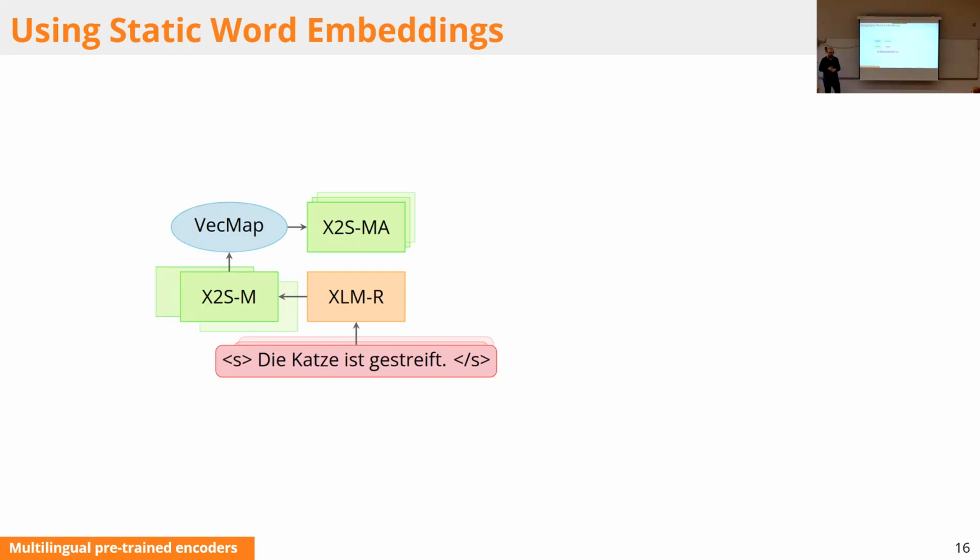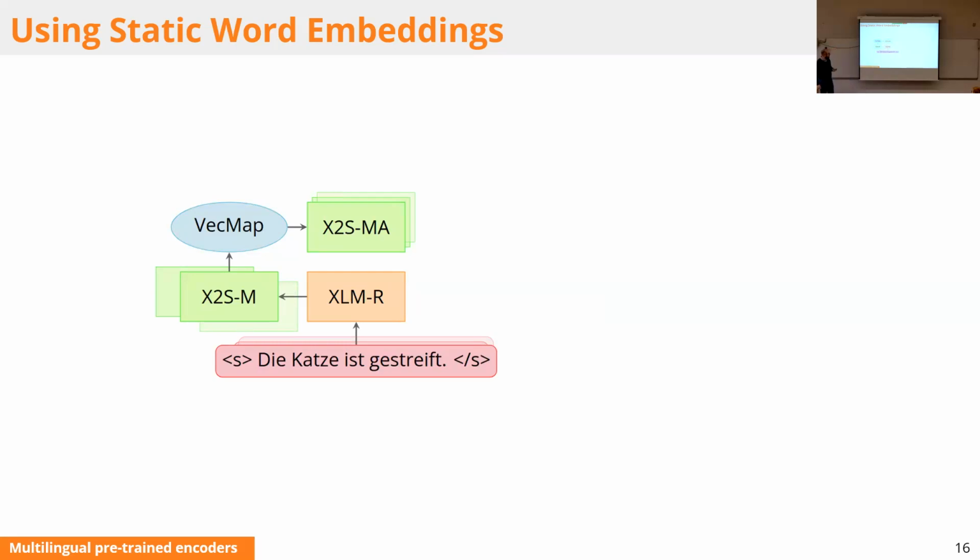The motivation was that we can train pretty good word embeddings with much less data than we need for training the encoders, and there are pretty decent algorithms for aligning word embeddings, which are unsupervised.